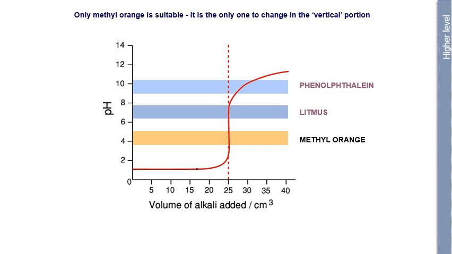Litmus doesn't change during that range, and neither does phenolphthalein, so it's only methyl orange that can be used for titration of a strong acid and a weak base.